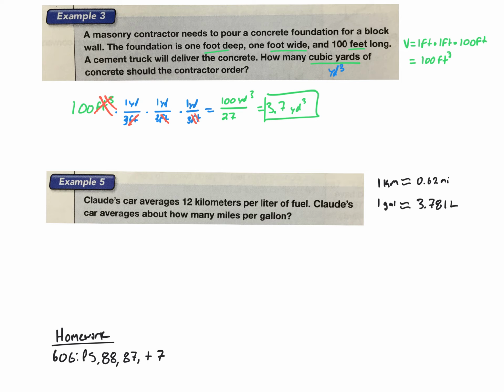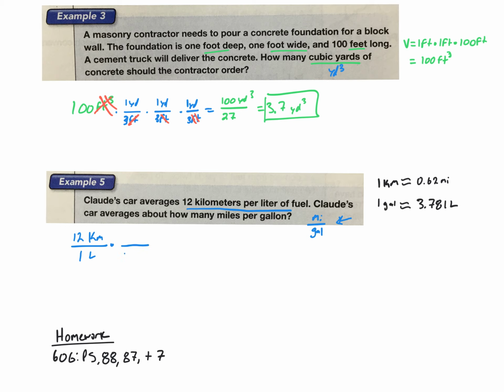So we know that he has 12 kilometers per 1 liter. That's what this says, 12 kilometers per liter of fuel. And we want to convert that into miles over gallons, just because we're used to looking at miles per gallon, so then we'll know, is that good or bad? So let's first change kilometers into miles.